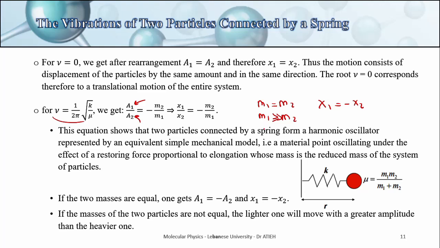M1 is the heavy one, and M2 is the light one. The ratio M2 over M1 is very small. Then x1 over x2 is very small, which means that x1 is much smaller than x2. So the displacement of 1, which is the heavy one, is much less than the displacement of 2, which is the light one.